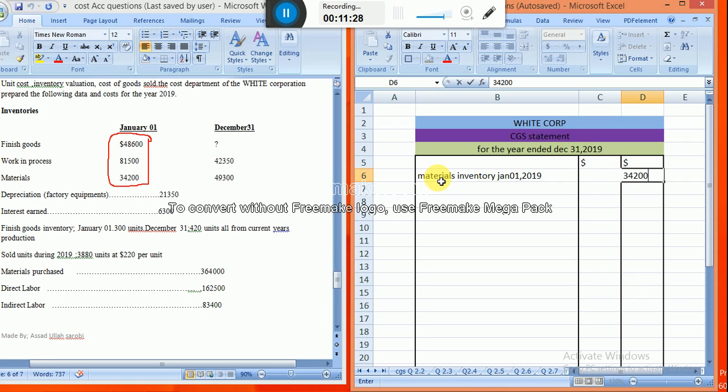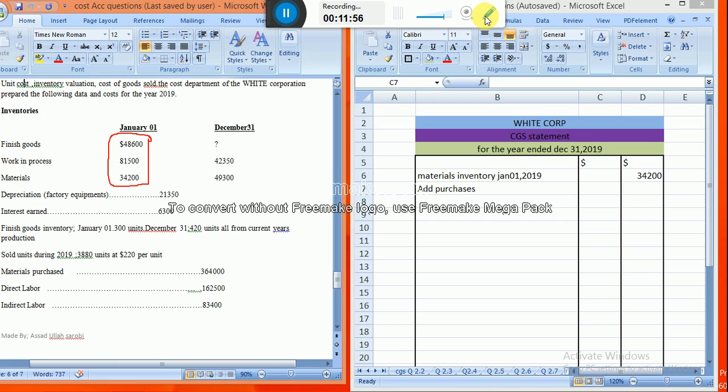34,200. Okay. During the year we made some purchases. So we add purchases. How much are the purchases? In the question, purchases are also given.